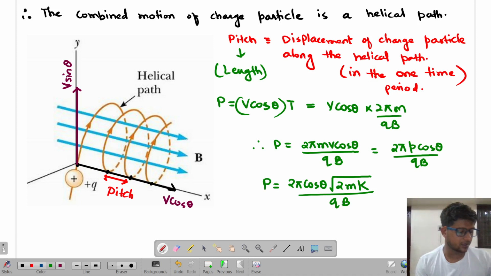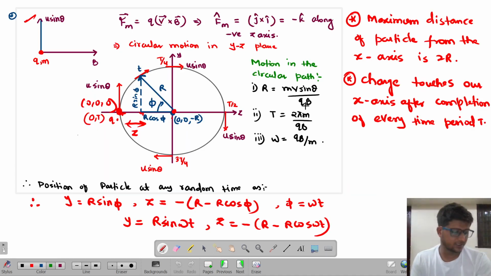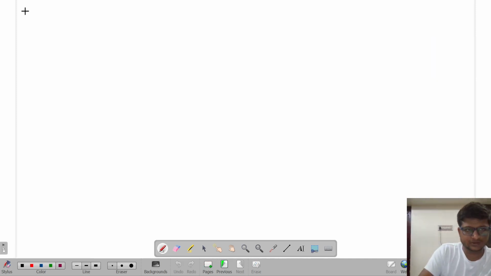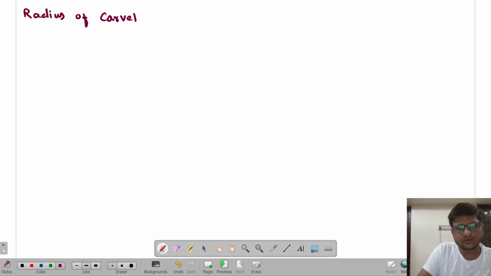So we got the radius of the path, which is given as mv sin theta by qB. Then we got our formula of pitch also. Yes or no? Now let us define one more quantity which we call the radius of curvature. What was the formula? Do you remember circular motion? What was the formula of radius of curvature?